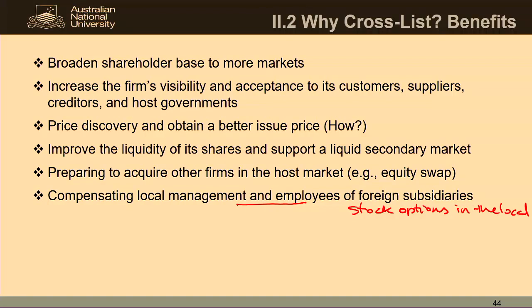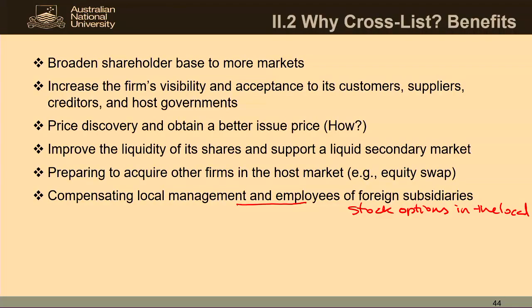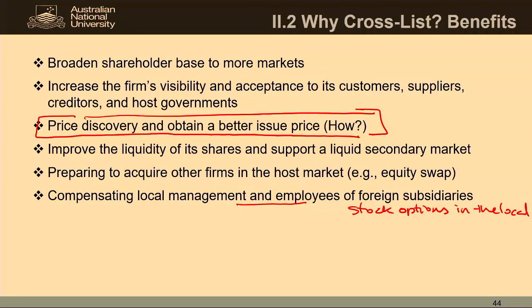So this is a very good way to incentivize their performance in the local market. Okay, price discovery and better issue price. Why is this a factor or a benefit that comes with issuing in a foreign market? What do we mean by price discovery?